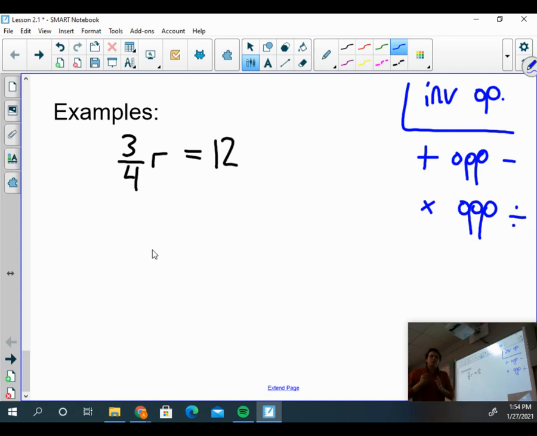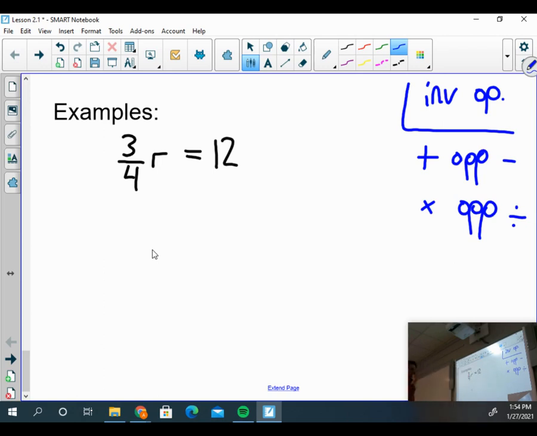If the r is not in the fraction and we don't see a sign in between the 3/4 and the r, like a positive or a minus sign indicating addition and subtraction, what's happening is the 3/4 is being multiplied by the r. The 3/4 is being multiplied by the r.